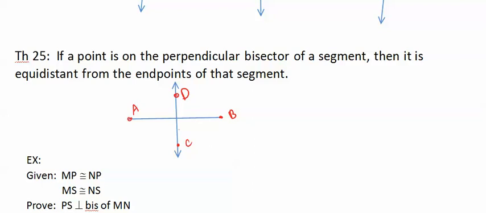So I can put a point here, it would be congruent to A and congruent to B. I could put a point here, and then to the endpoints it's also congruent. It could be way up here. So any point that I place, if I know that CD is a perpendicular bisector, then I know that its distance to the endpoints will be congruent.